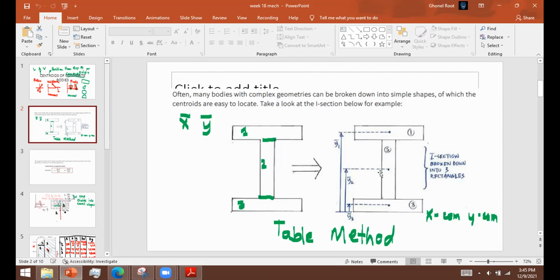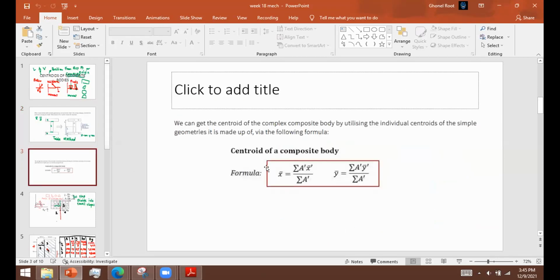Okay, so technically, to get centroid is by this one. We can get the centroid of a complex composite body by utilizing the individual centroids of the simple geometries it is made up of by using this formula. So, we have this formula for centroid of a composite body.